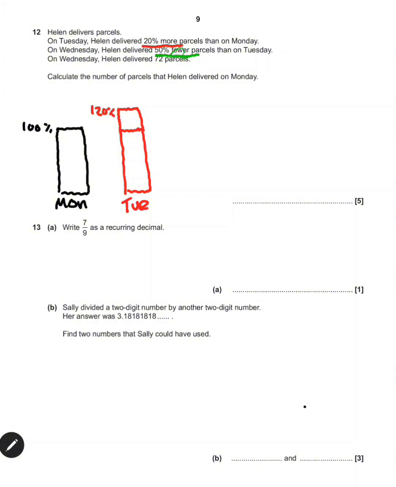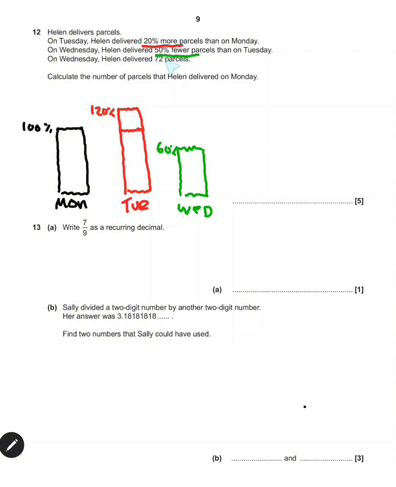And then on Wednesday, she delivered 50% fewer parcels than on Tuesday. So this is going to go down to a half of what it currently is. 50% of this is what we need. Well, if we've got 120% here, on Wednesday, she will have only delivered 60% of the original value.